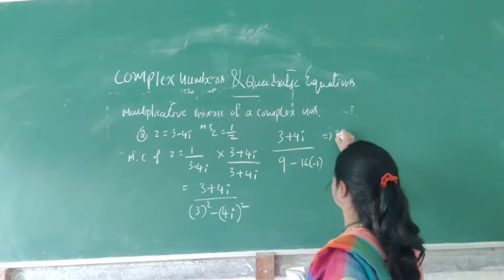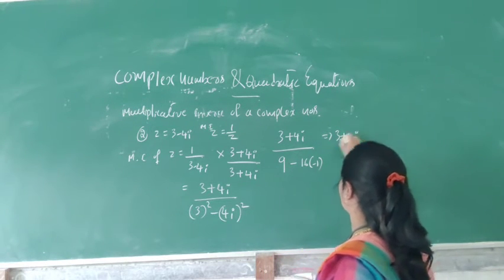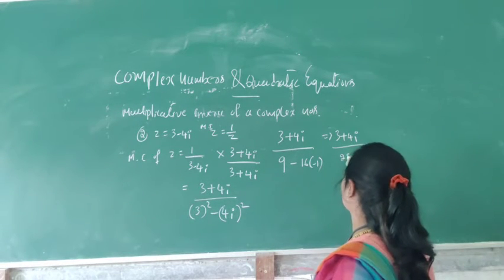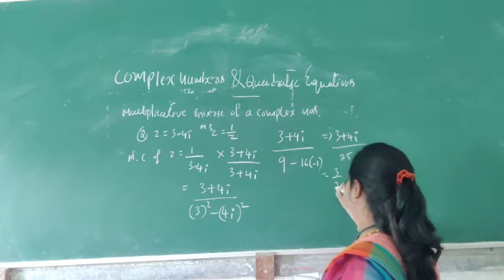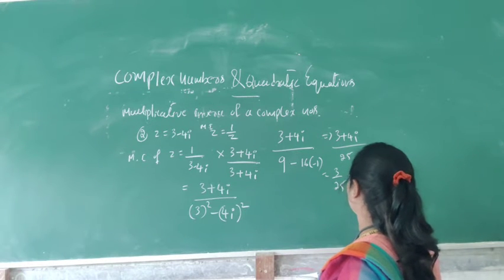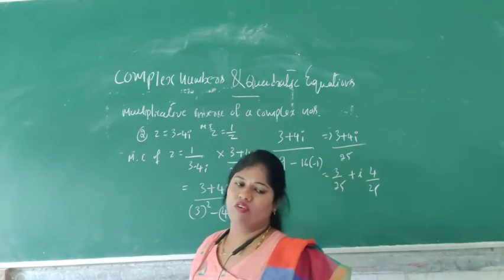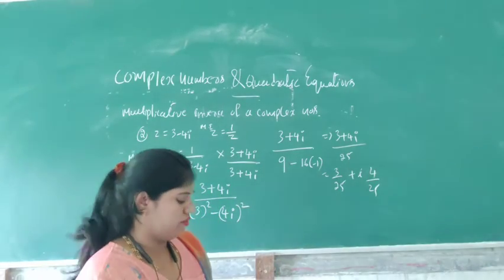So 3 plus 4i divided by 9 plus 16, which is 25. So 3 divided by 25 plus i into 4 divided by 25.